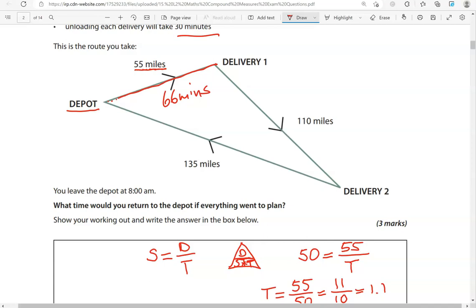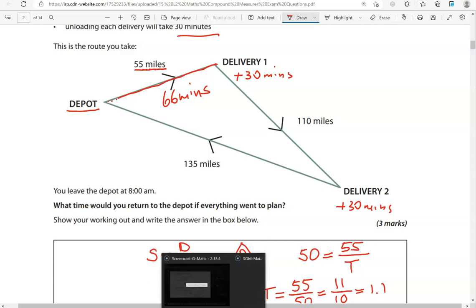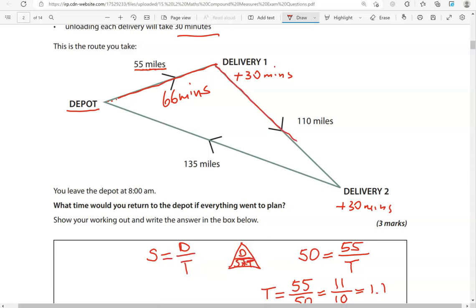Unloading each delivery will take 30 minutes, so we're going to need to add 30 minutes here and here. And from delivery 1 to delivery 2, how long does the route take?